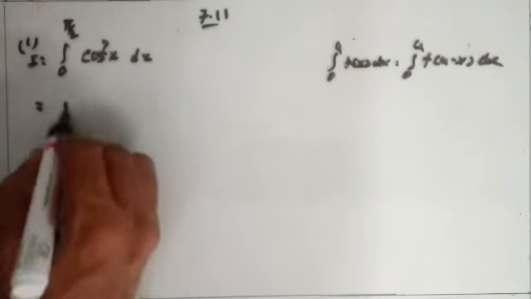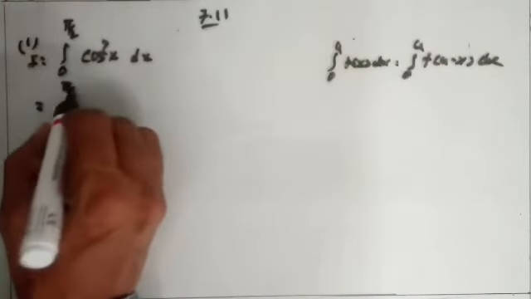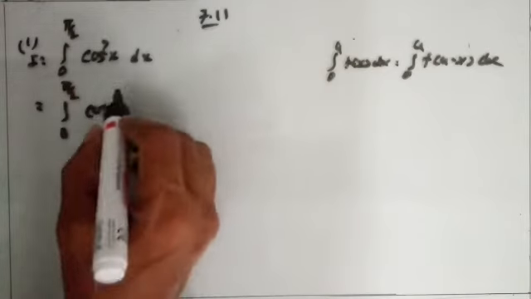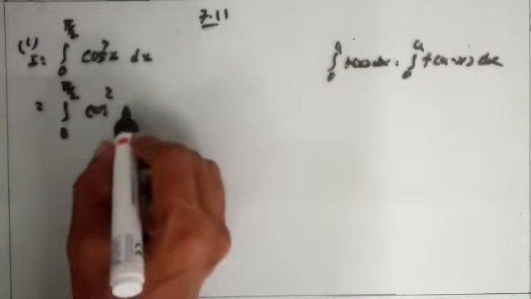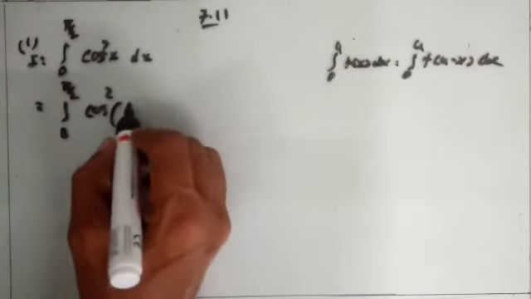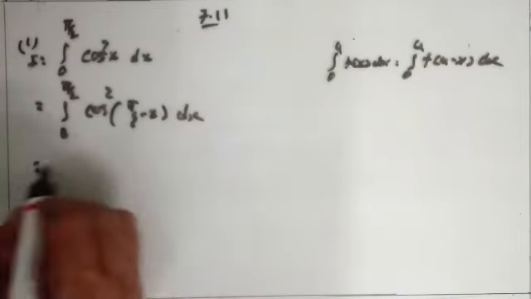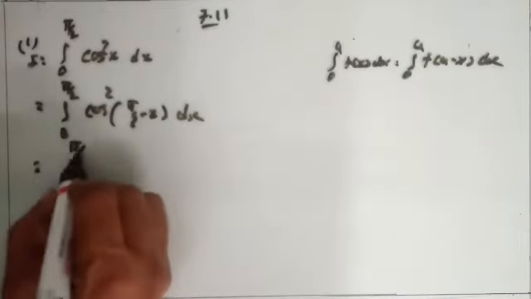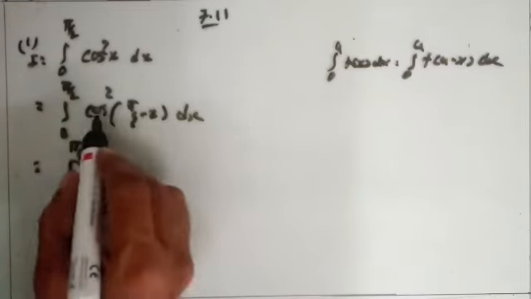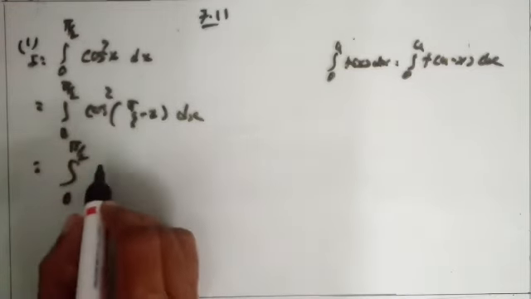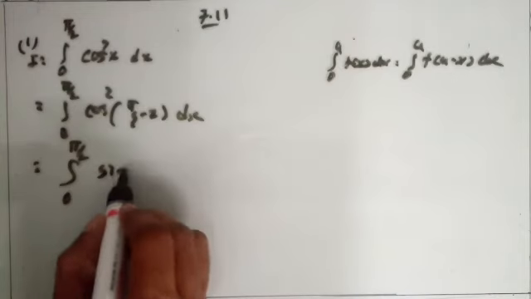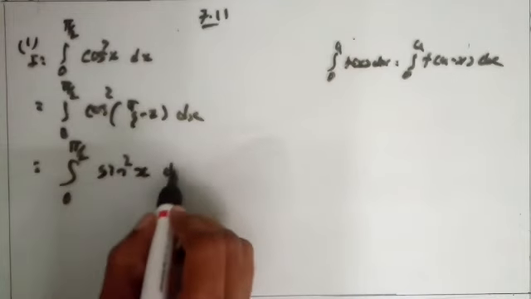So I is equal to 0 to pi by 2, here cos square x replaced by cos square of pi by 2 minus x dx. So it is equal to 0 to pi by 2, here cos of pi by 2 minus x changes into sin form, sin square x dx.